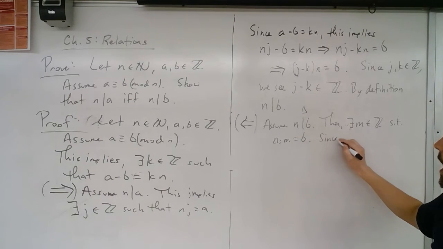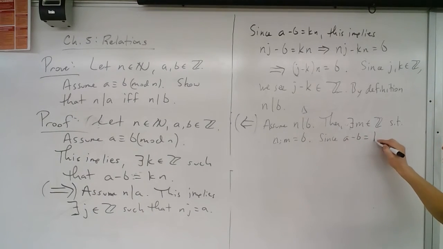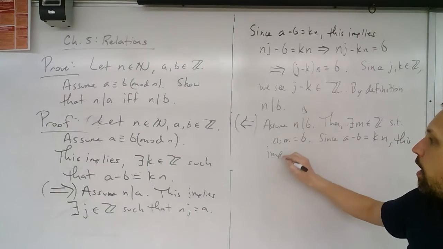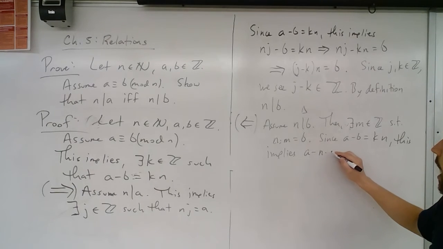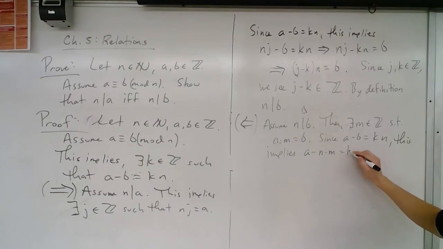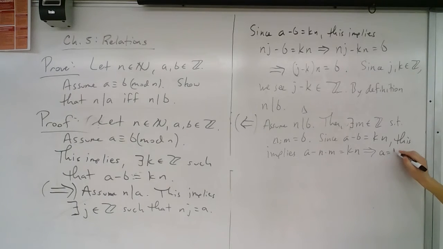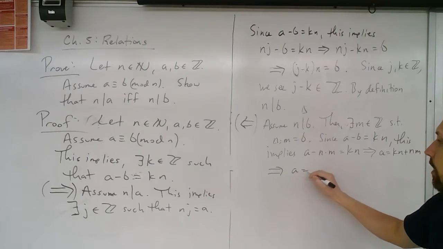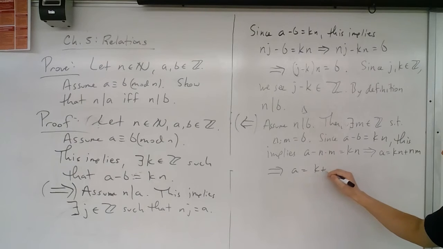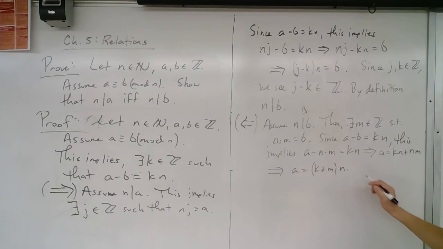So then we'd say, since a minus b is equal to kn, this implies that a minus n times m is equal to kn, which then implies that a is equal to kn plus nm, which then implies that a is equal to k plus m times n.